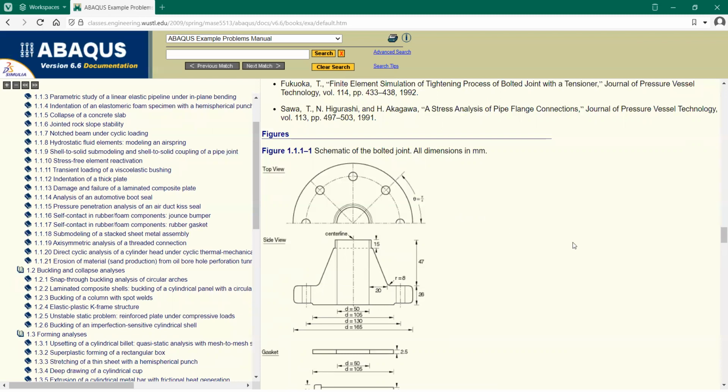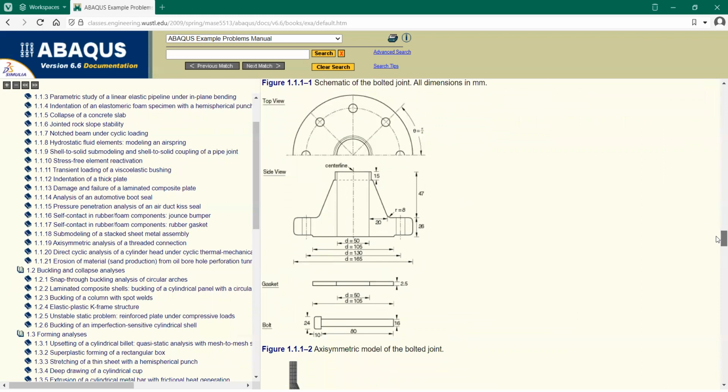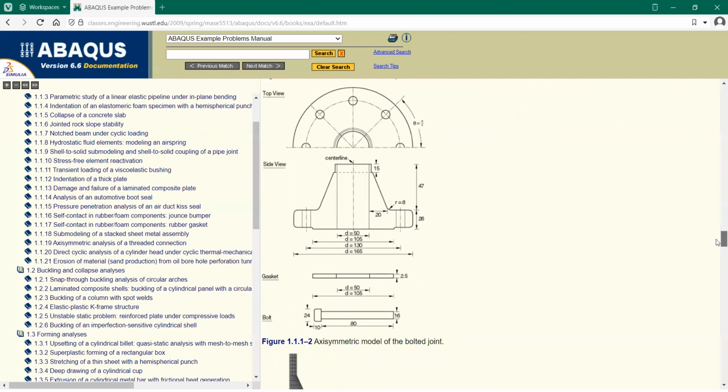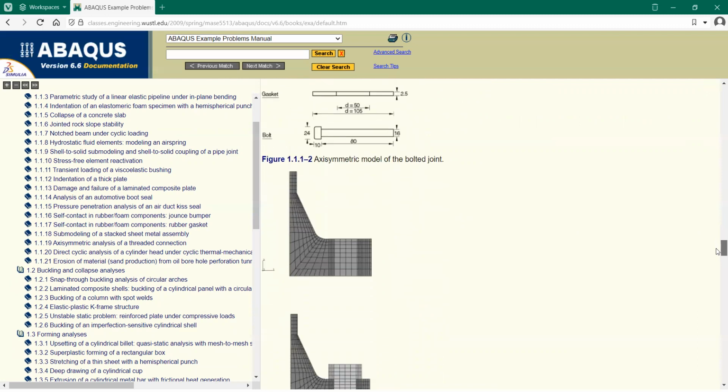So you have bolts exactly at 8 locations. So this is not perfectly axisymmetric, but how is it that they have assumed it as axisymmetric?